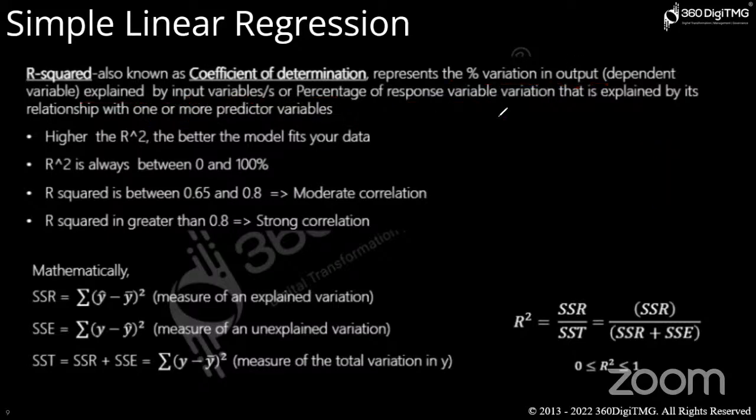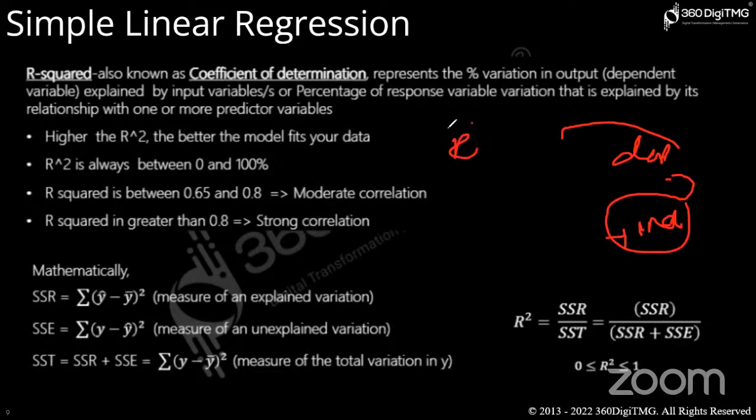It is the percentage variation, the change happening in the dependent variable, that is explained by the independent variable. That variation only will be captured by R square. R square decides how much variation is captured.